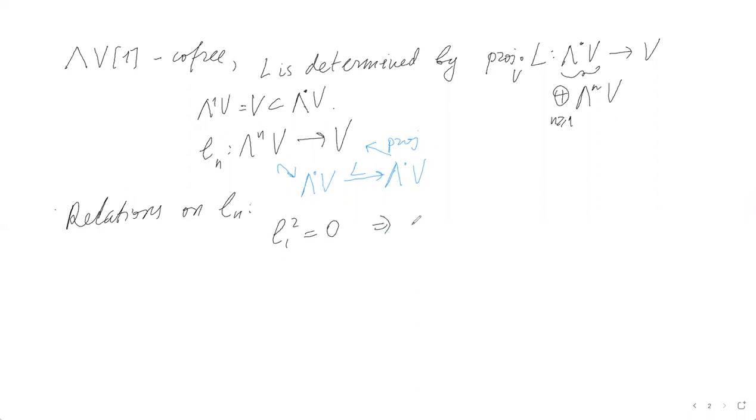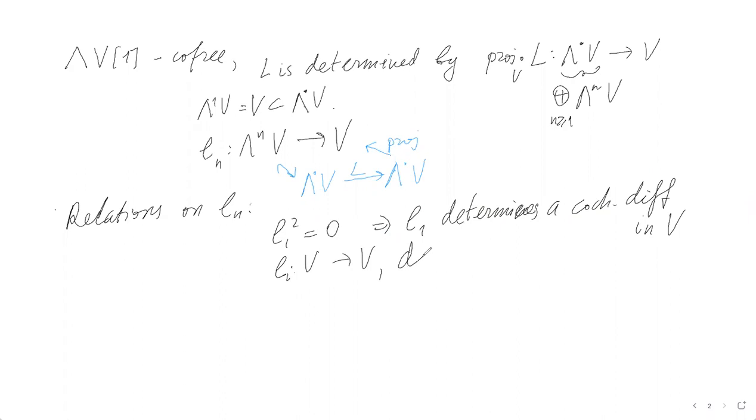So it means that actually L1 determines a co-chain differential in V. Of course, L1 is just a map from V to V of degree 1. Sorry, deg Ln in general is 2 minus n, so deg L1 is equal to 1, right? So that's the first relation.